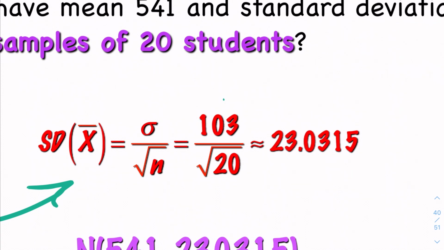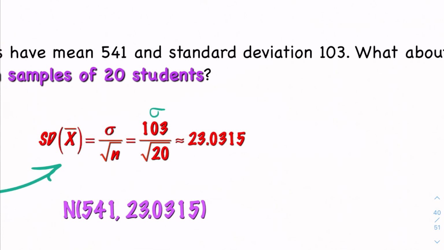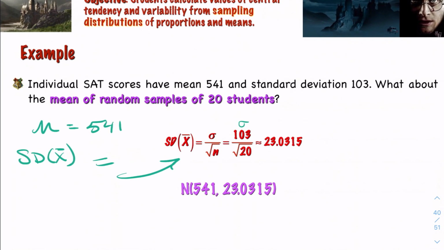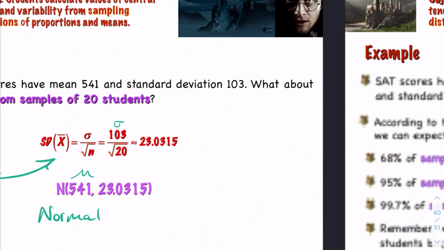So this was sigma, 103, which we were given, divided by the square root of 20, and we get 23.0315. So this is our normal model with a mean of 541 and our sampling distribution standard deviation of 23.0315.